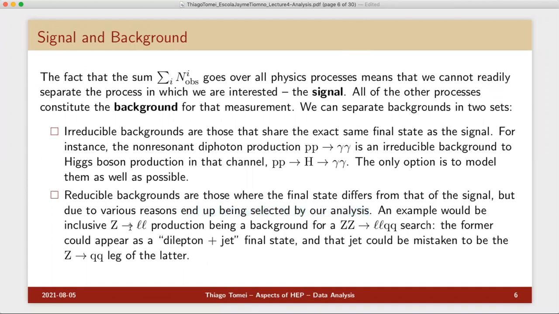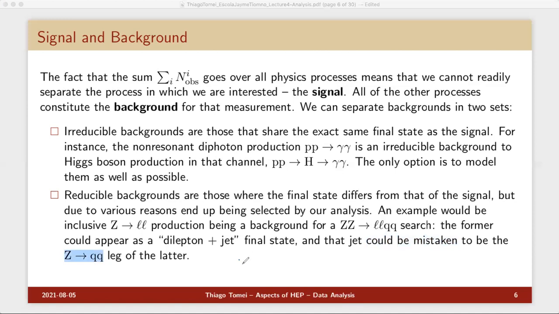So for instance, if you're interested in some kind of search that has ZZ going to 2 leptons and 2 quarks, Z to 2 leptons plus anything could be a background, because anything could be a hadronic jet, which could be mistaken for the Z to 2 quarks leg.